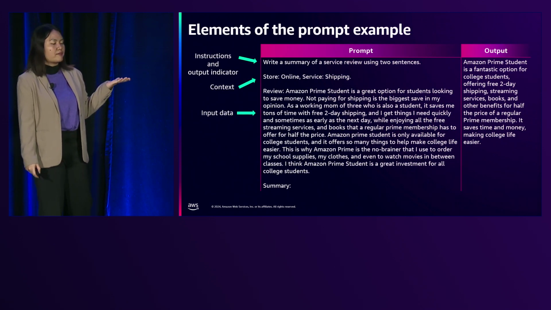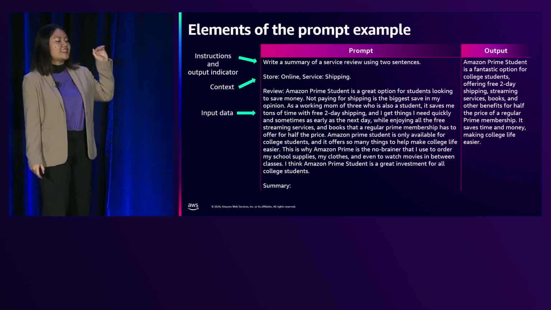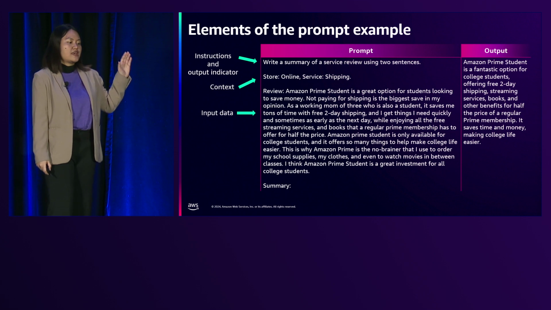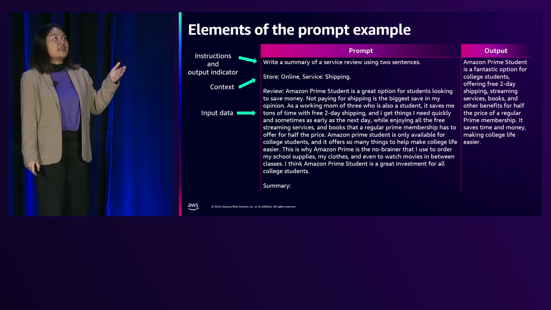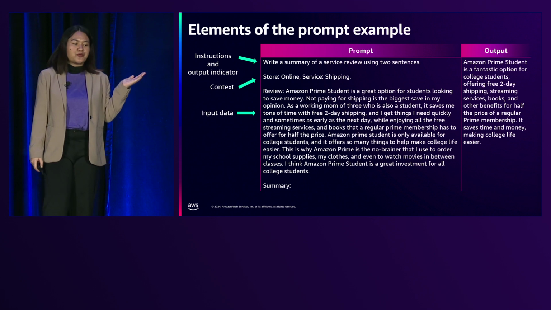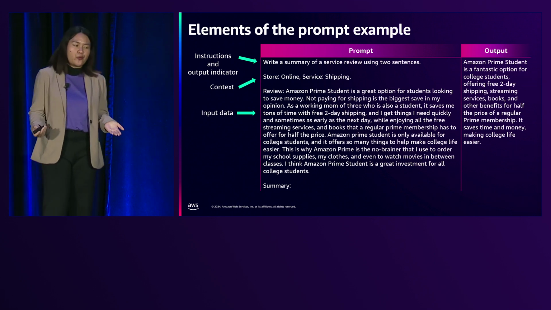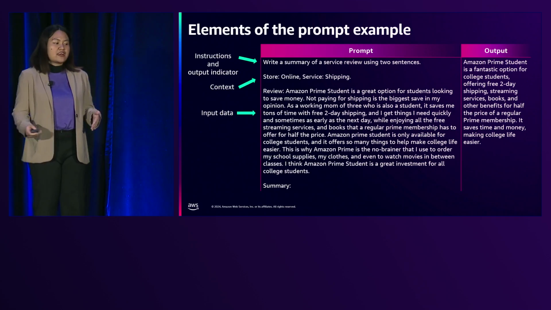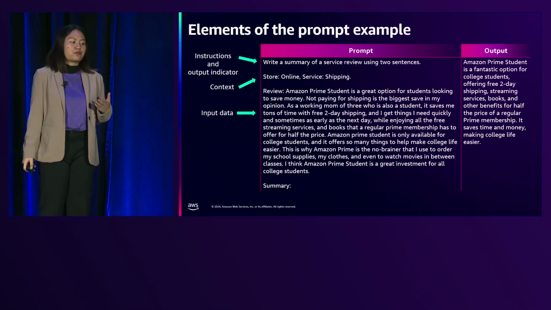The first one is that you provide the instruction and the output indicator. Here, the instruction is to write a summary, and the output indicator is to just use 2 sentences. So you can also control the output when you're generating or asking a question inside your prompt.